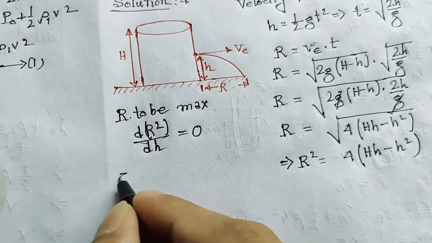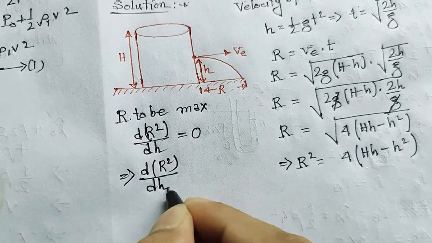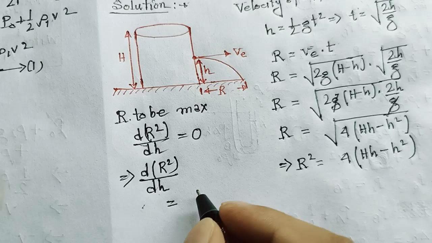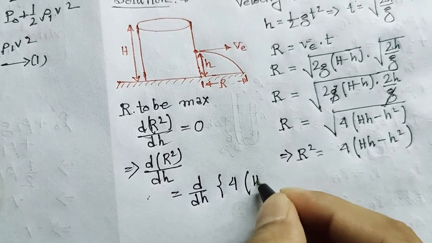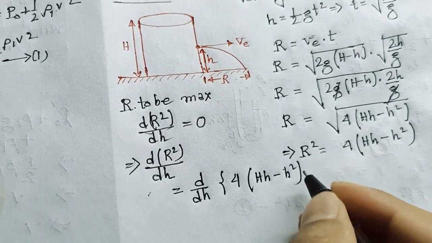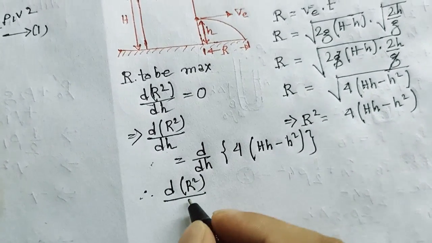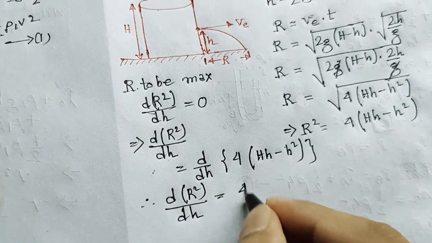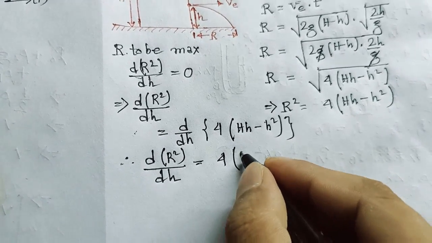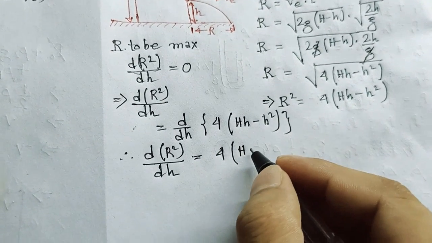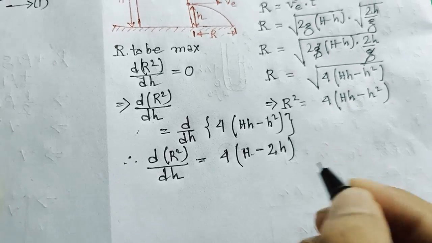So d of R square with respect to dh is dh of 4 times capital H small h minus small h square, which will become 4 into capital H minus 2 small h.